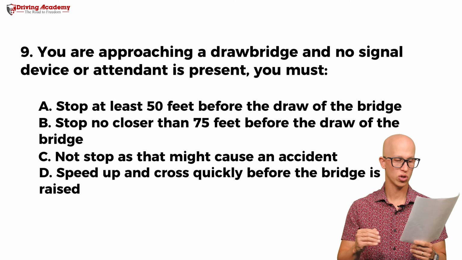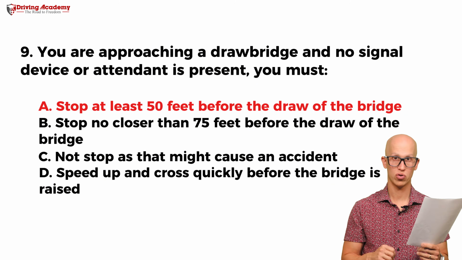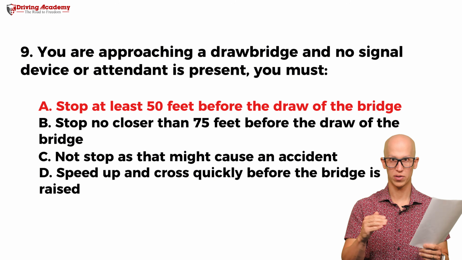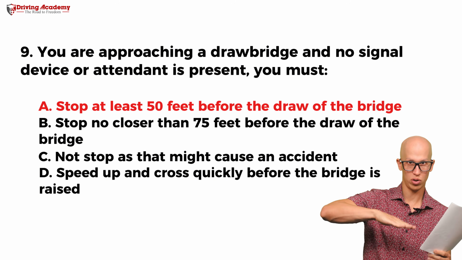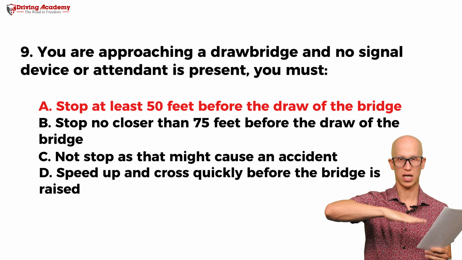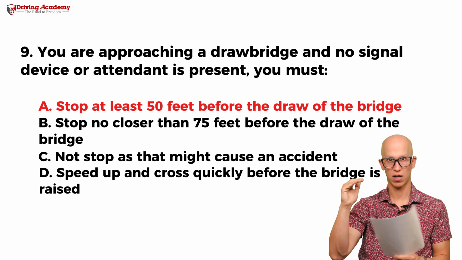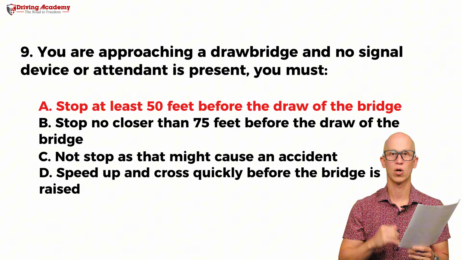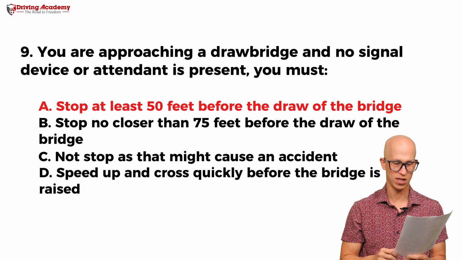The correct answer here is going to be A, stop at least 50 feet before the drawbridge itself. The main thing that you have to understand here is, especially if you don't see it, you don't want to be halfway through the drawbridge. One of those drawbridges is like a bridge that lifts up and lets the boats go through. You want to make sure you're stopping before you actually go through the drawbridge to make sure everything is safe to go.